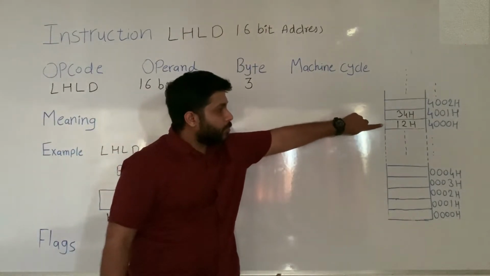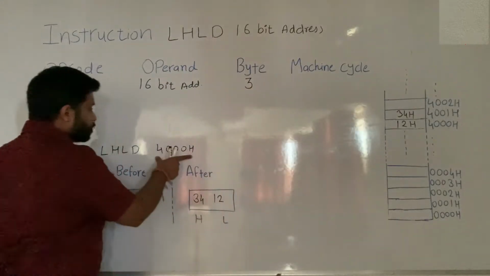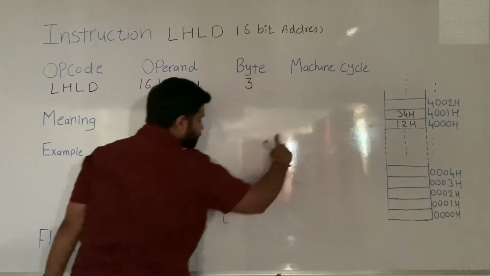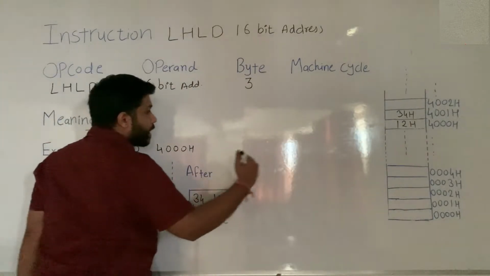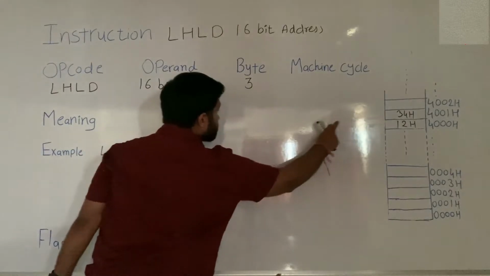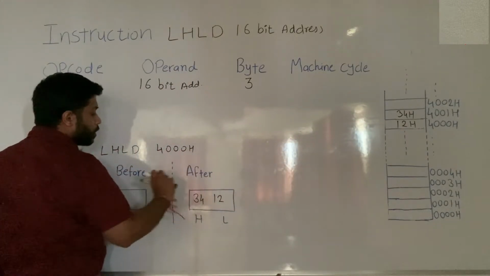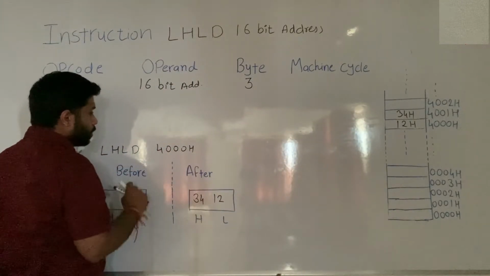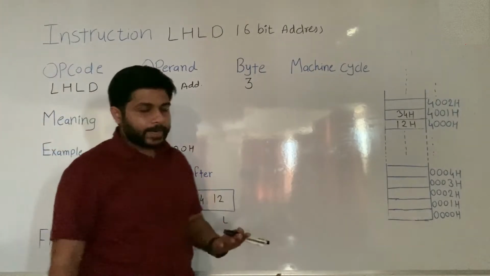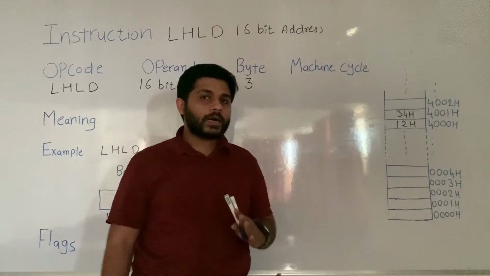Okay, so from 4000H, which is specified in the instruction, data will be transferred to L, and after that the memory location will be incremented and data will be transferred from 4001H to H. Okay, flags. This instruction is a data transfer instruction, so no flags are affected.